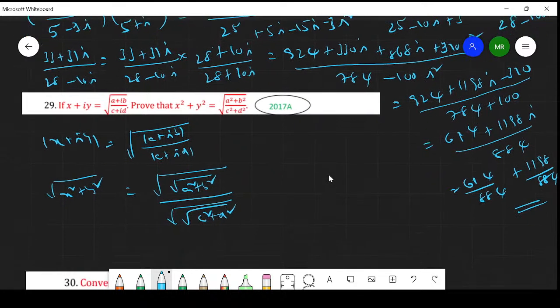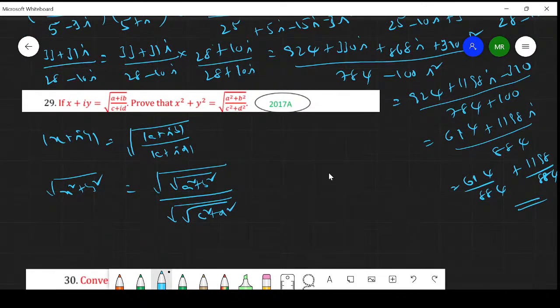Now squaring on both sides. If we do squaring on both sides, I can eliminate one root. X square plus y square is equal to, because this is inside the root, if you want I can write mod as root of c square plus d square.